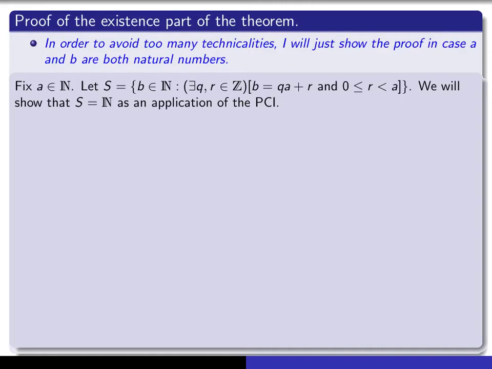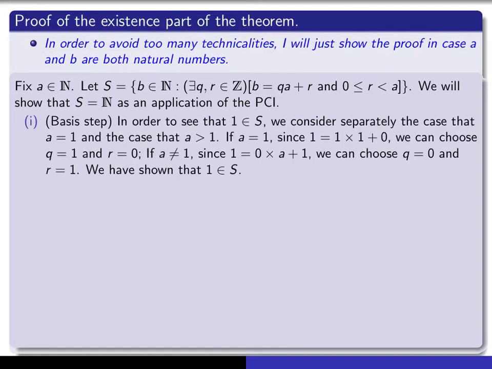In order to do the basis step, to see that 1 is an element of S, I'm going to split it up into two cases depending upon whether a is equal to 1 or a is bigger than 1. If a is equal to 1, then we're able to write 1 as 1 times 1 plus 0. So we can simply choose q to be this 1 here, and r to be 0, which is certainly going to satisfy this inequality.